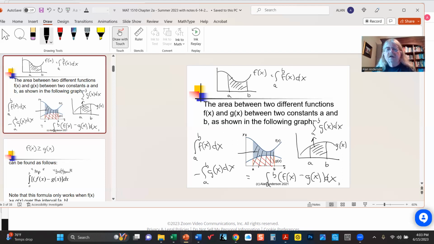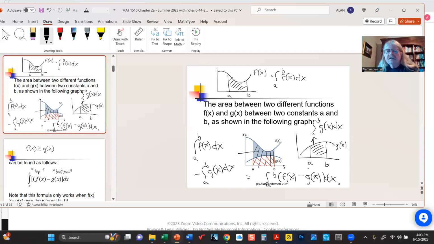So you can see then that all we're really going to do is take the integral of the top function and subtract the integral of the bottom function. And so right here at the bottom, what all this has been leading up to is that we are going to integrate f of x minus g of x over the interval from a to b. And we'll get our result.